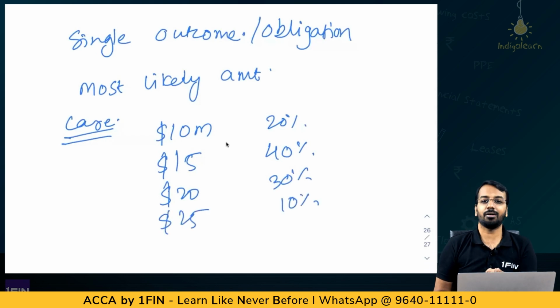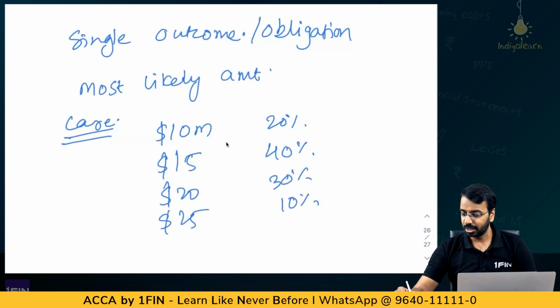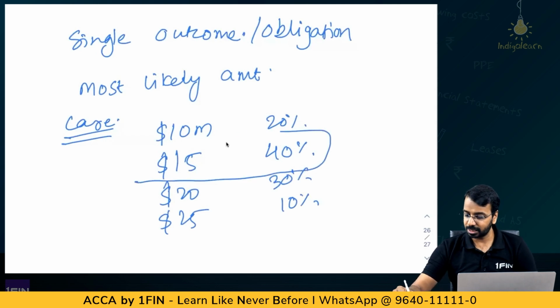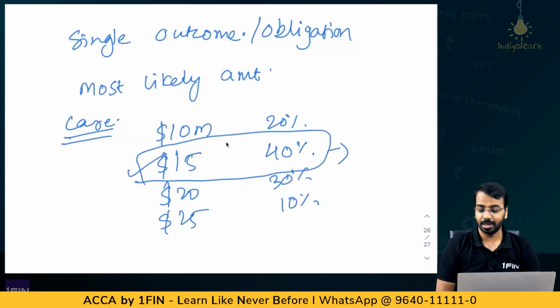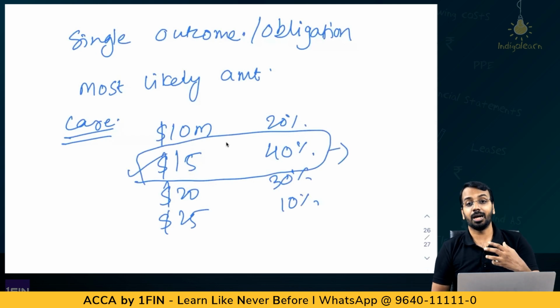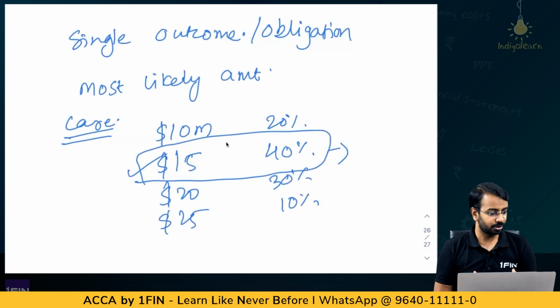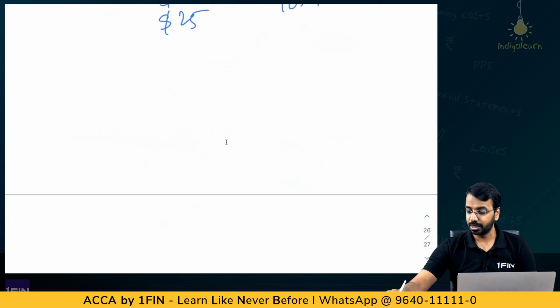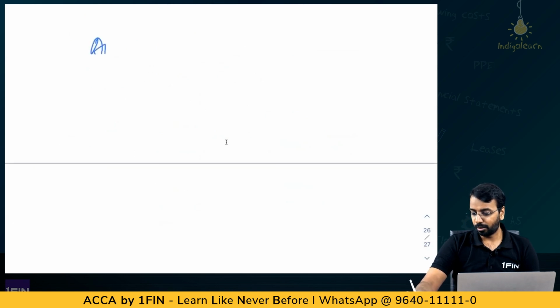Now, if there is a single outcome, win or lose, in this case, you will say, okay, the highest possibility is for 15 million, so this is the amount of provision you will make. But if there are multiple outcomes and multiple obligations present, then when you have a large population, what you do is you calculate amount into probability.